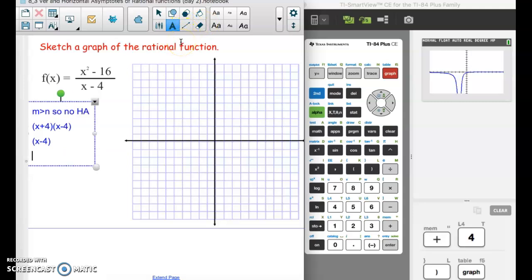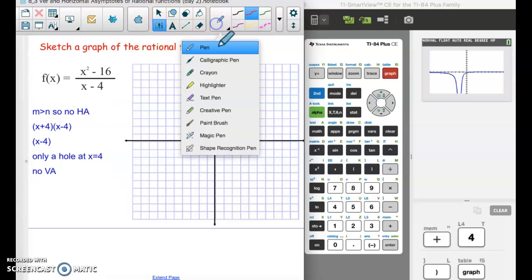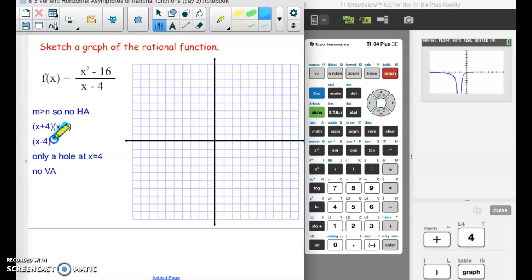So actually, we have only a hole at x equals 4, no vertical asymptotes, because there is a matching factor on top and bottom, and that's the only thing in the denominator. So since that's the only thing in the denominator, there are no more vertical asymptotes, just the hole.